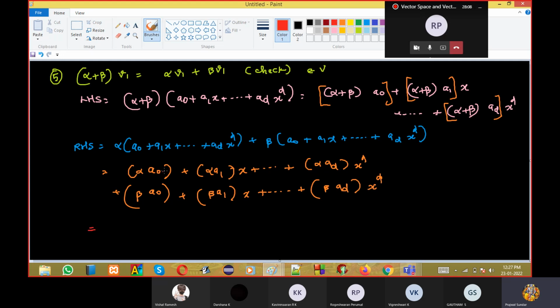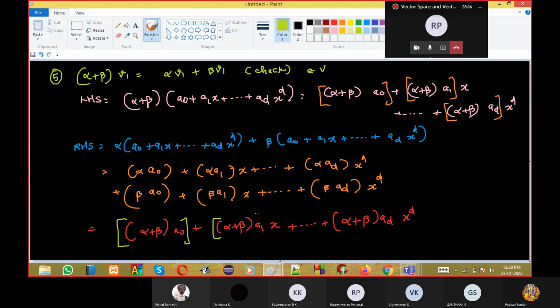Now you can add corresponding elements. You will get alpha plus beta into a0 plus alpha plus beta into a1 x till alpha plus beta into ad x power d. I'll put proper brackets. RHS is equal to LHS. So you can say the fifth property is satisfied.